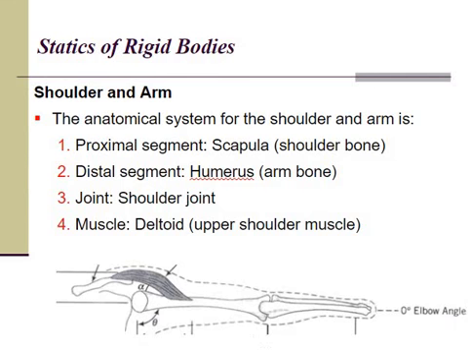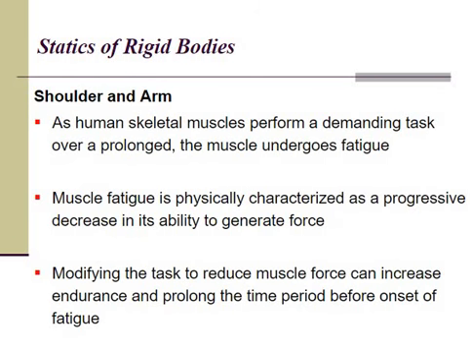So we have 2 bones connected together with a joint via a muscle. The main role of the muscle is to hold the bones together. If the muscles are not there, the bones or the skeleton will fall apart.